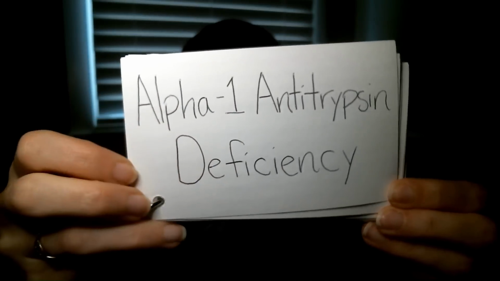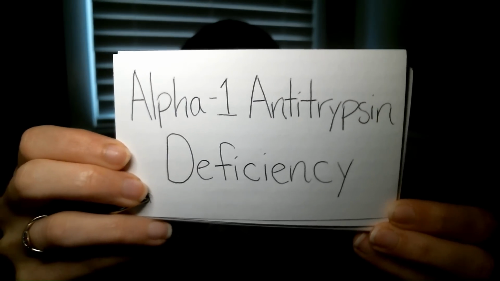Alright, our other lung disease is called alpha-1 antitrypsin deficiency. This is more of an adult onset one. Cystic fibrosis, you would know when the baby's born usually. But alpha-1 antitrypsin deficiency is caused by mutations in the SERPINA1 gene that makes alpha-1 antitrypsin.